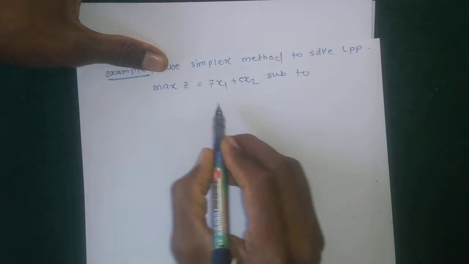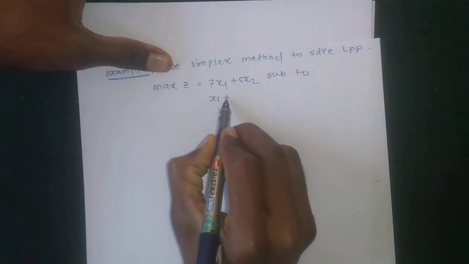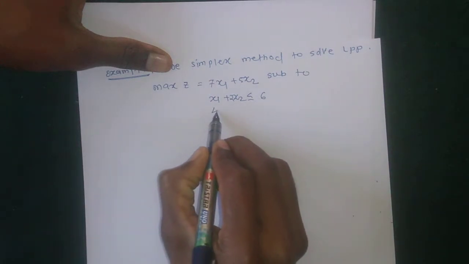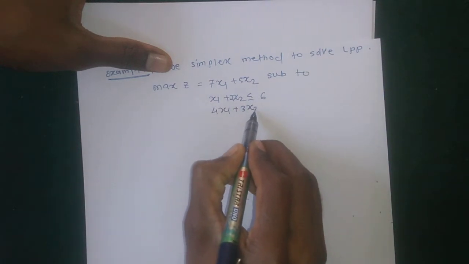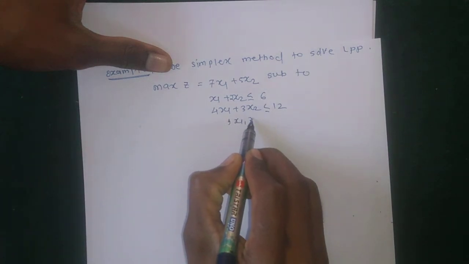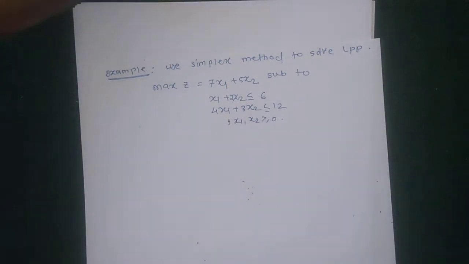Subject to constraints: x1 plus 2x2 is less than or equal to 6, then 4x1 plus 3x2 is less than or equal to 12, and x1 and x2 are greater than or equal to 0.